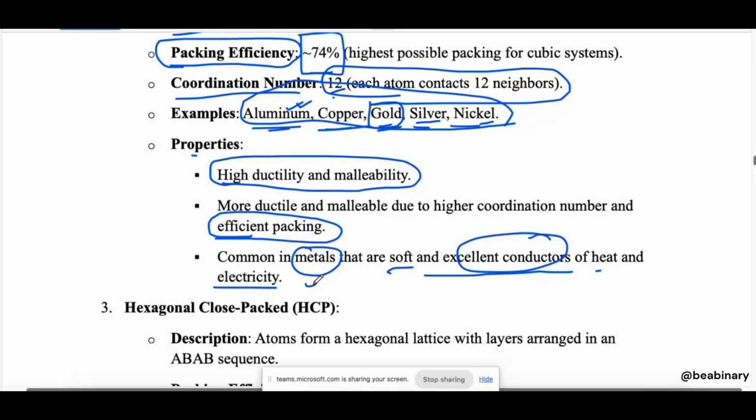So these are under the category of the metals, and you have many different subcategories. In those subcategories you can have soft materials and hard materials. Soft materials mostly exhibit the FCC. We classify the metals on the basis of conductivity, and in that you can categorize the materials that conduct heat as well as electricity.